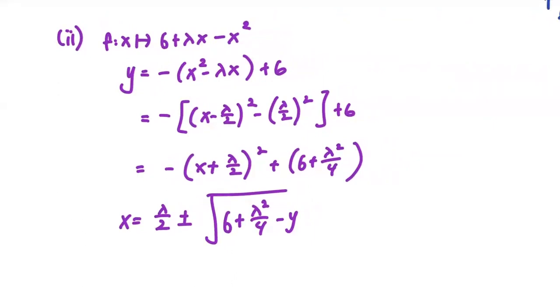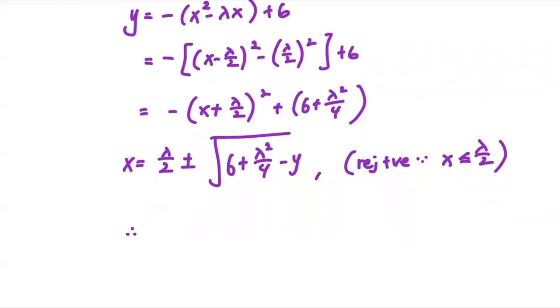Positive or negative? Positive, yes. Okay, you reject the positive answer. The reason is because the question tells you the x must be less than or equals to lambda over 2. This is from the question.